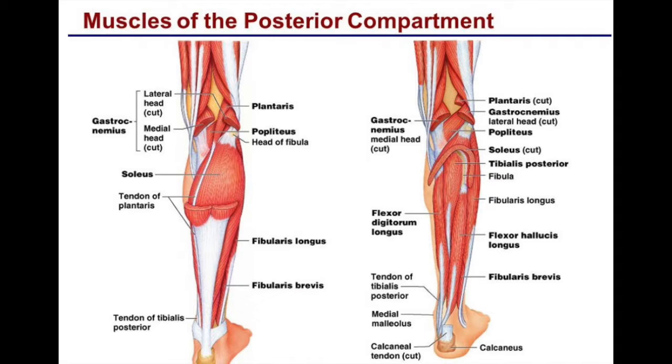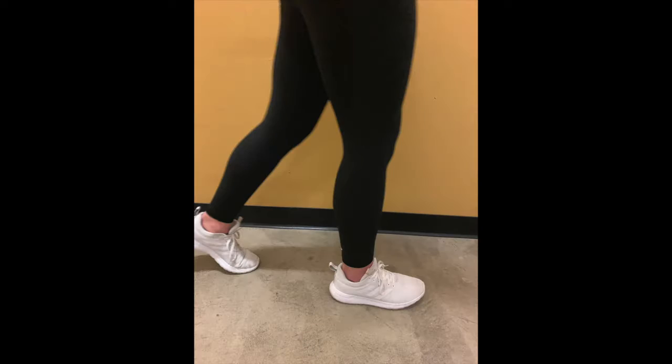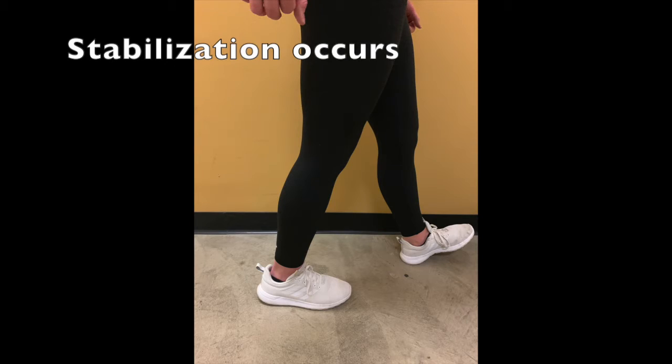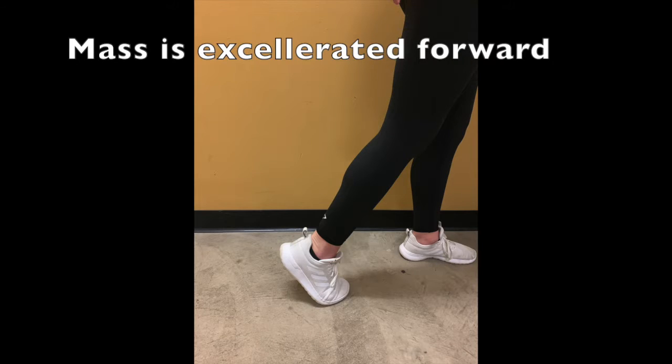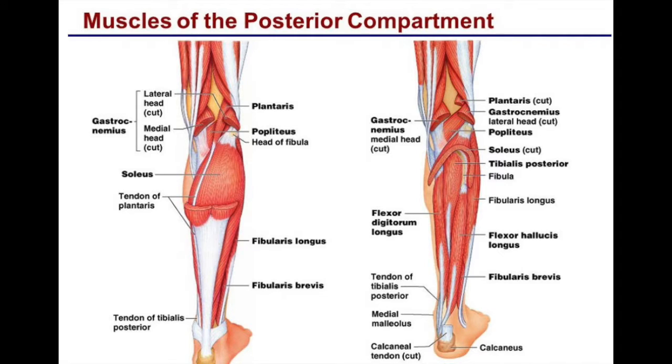These muscles are more involved in the stance phase. The stance phase includes a heel strike, a loading response, a mid-stance, and a terminal stance. The plantar flexors of the ankle play a pivotal role in the mid-stance and terminal stance, as they eccentrically control dorsiflexion and concentrically allow acceleration of the foot.